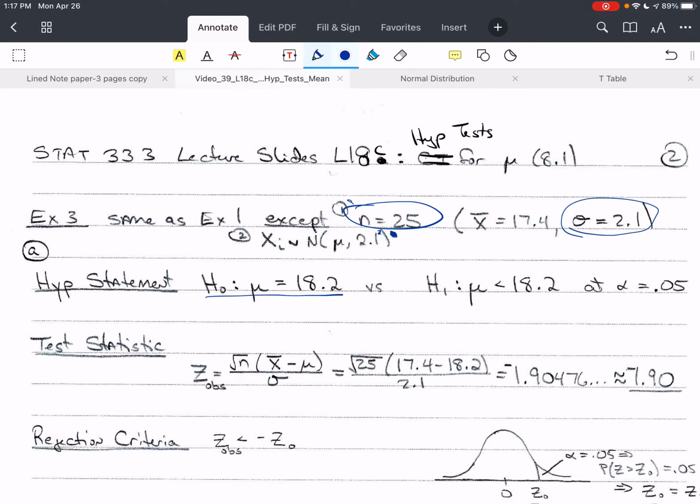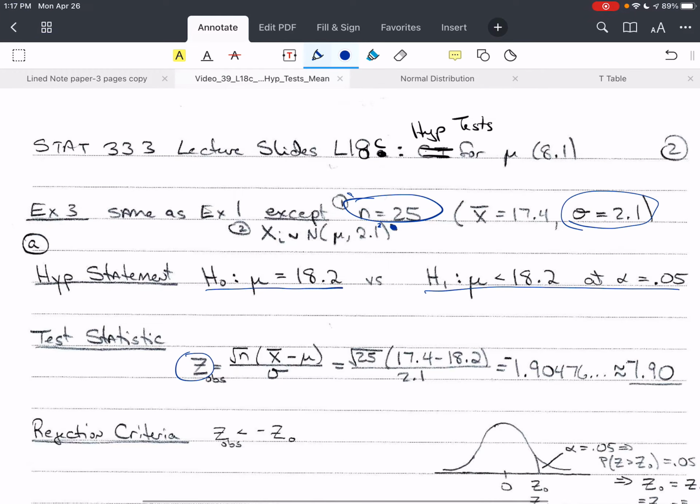We have the exact same hypothesis statement. Now, instead of t observed, we have z observed, but the only thing that changed is the symbol. If the values don't change, we get exactly the same value. But with a z-table, we round to 2 decimal places, so we go to the third decimal place, and it's a 4, so we round down.